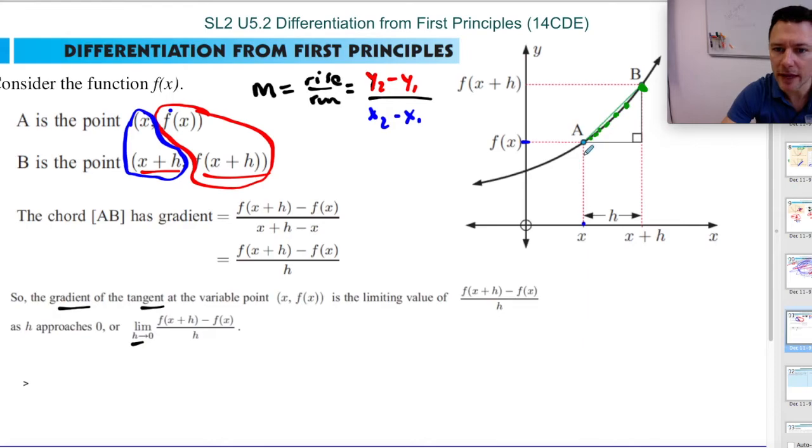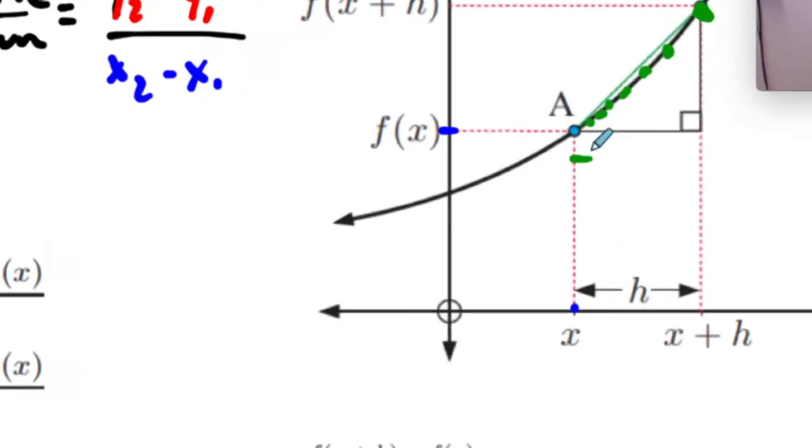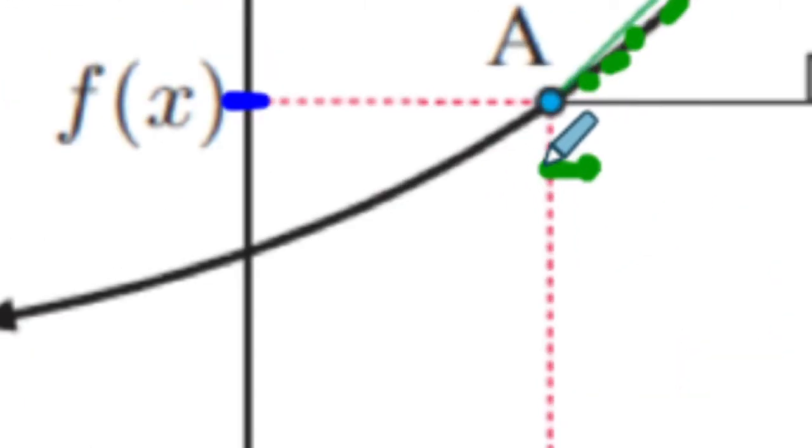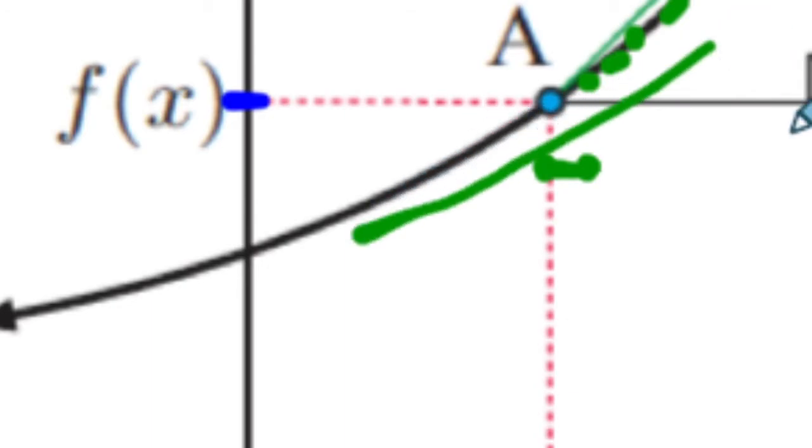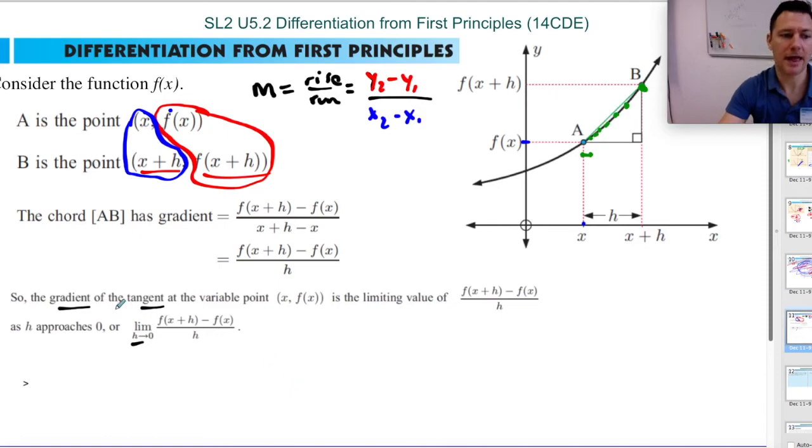And once h gets tiny, once h becomes minuscule, you can really start to see what the tangent line should be. And therefore the gradient of that line gives you the slope, the instantaneous velocity, if you will.